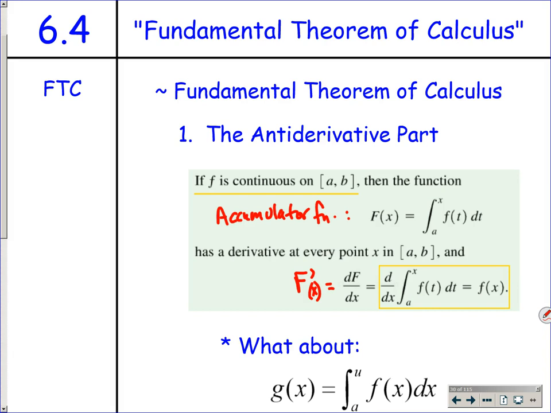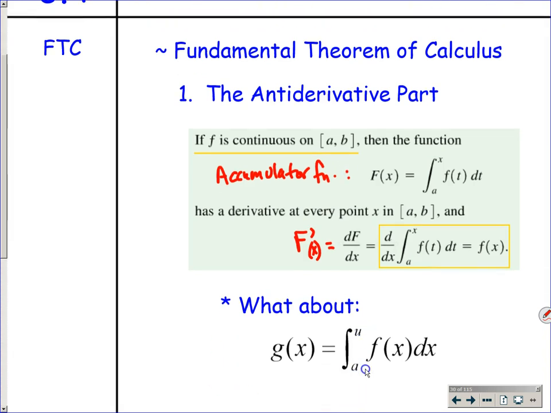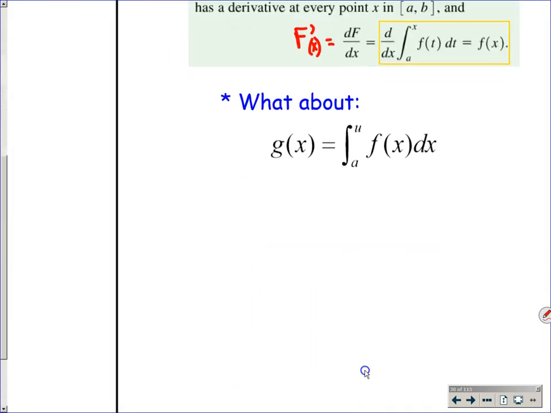But what do I have down here, and why do I have space beneath it? What if the accumulator function is not from a to x, but a to u? According to FTC, the other part, can't I say this is equal to the antiderivative from a to u, right?